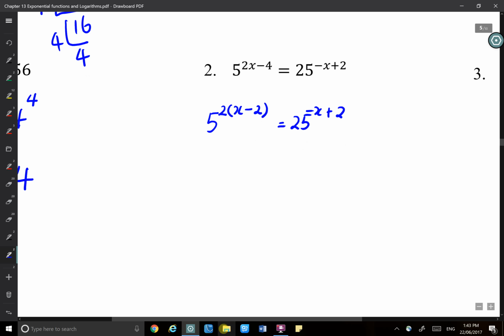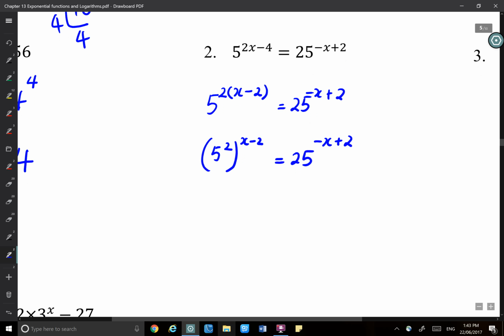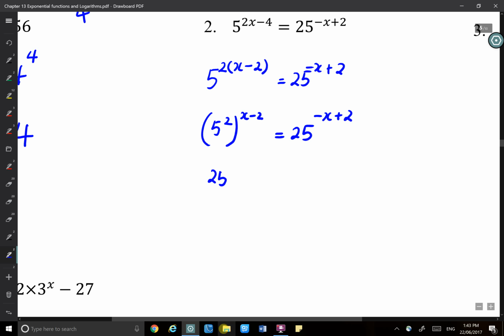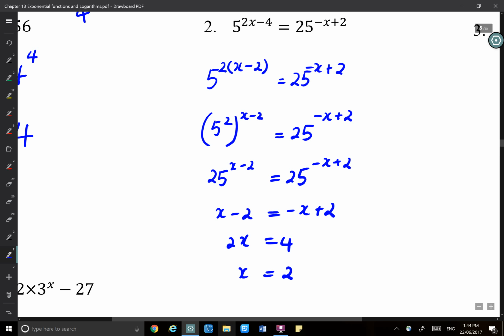And then we can have 5 to the power of 2 first, and then to the power of x minus 2. And this side I still have 25 to the power of minus x plus 2. Then I make a base of 25, and x minus 2 equals minus x plus 2. Therefore, x minus 2 equals minus x plus 2, 2x equals 4, x equals 2.